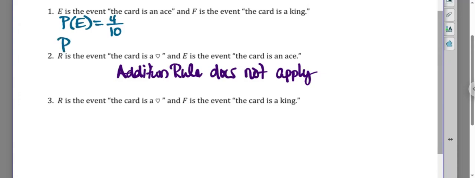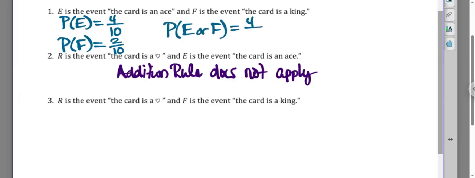I'll leave it the way it is. Probability of a king is 2 out of 10. So the probability of an ace or a king: four tenths plus 2 tenths is 6/10, which is 3/5.